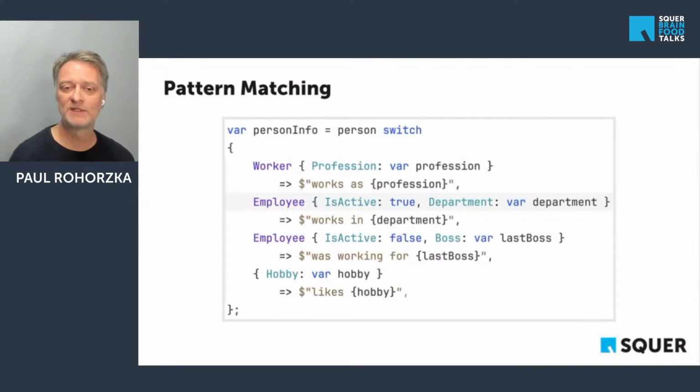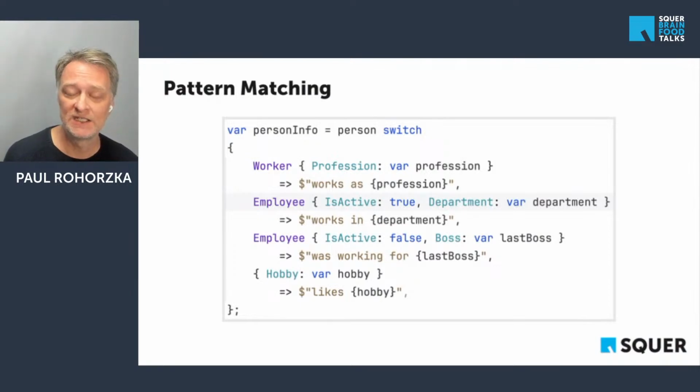And an even more complicated situation could be like this. For example, here we have a person, and then we switch on different aspects of the person. If it's a worker and we know its profession, then we can write that one string. If we see it's an employee and it's actually an active employee, then we want to get its department out, and we want to use the department in a return value.